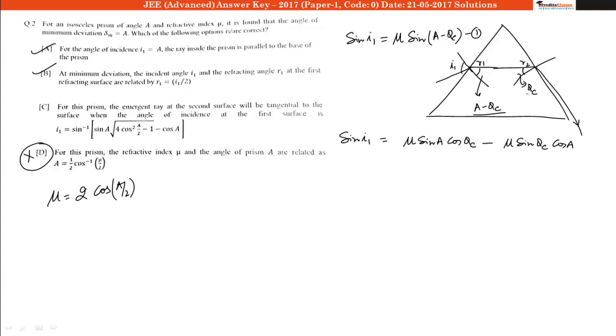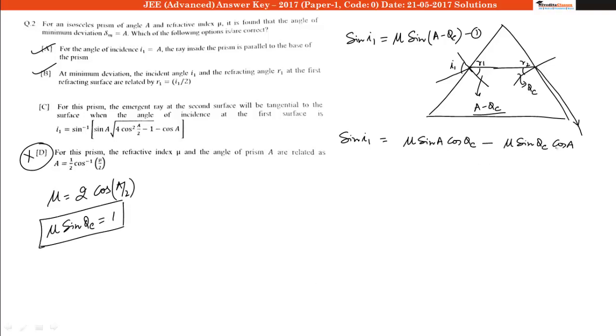And for QC and mu, we can say that mu into sin QC will be equal to 1. This is for the critical angle.